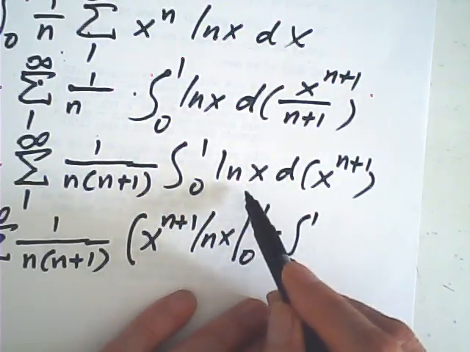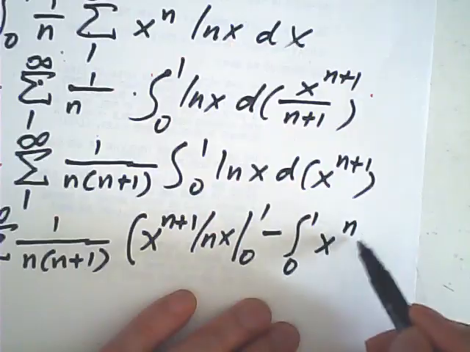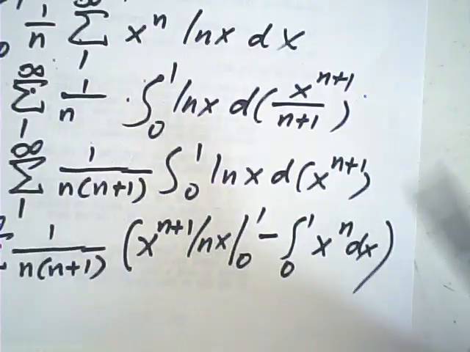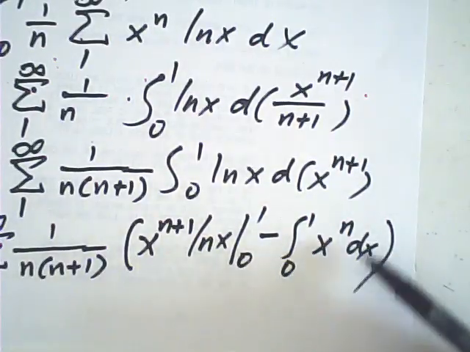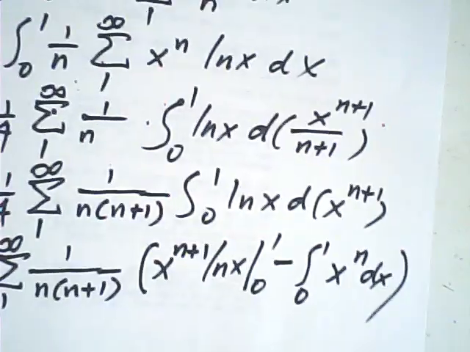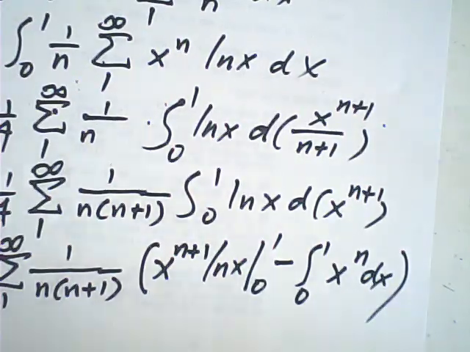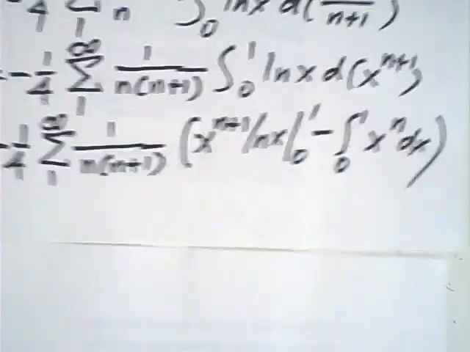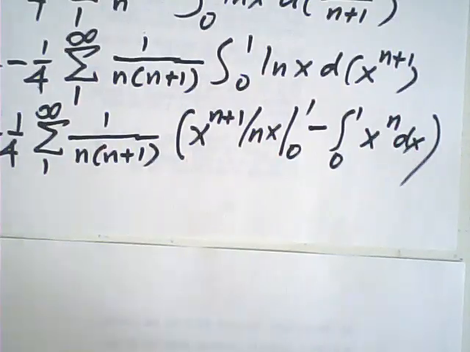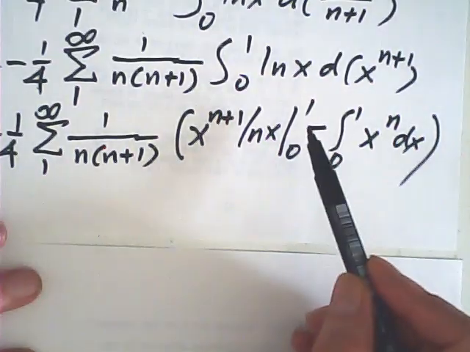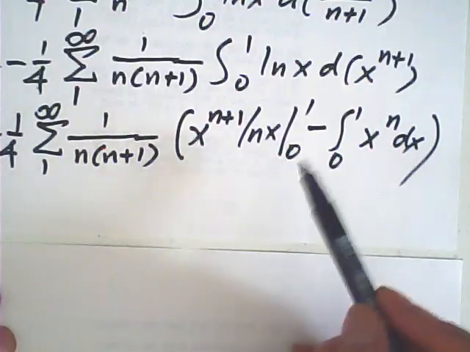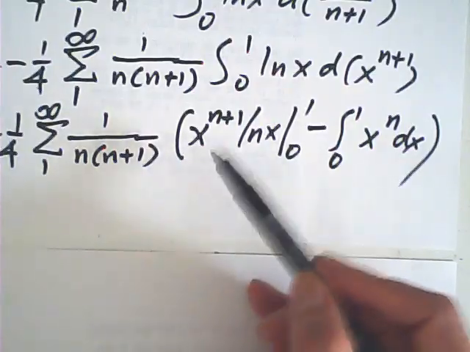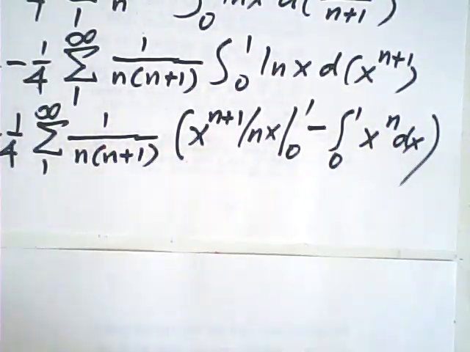This derivative is 1 over x, so it becomes x to the n. Right? This one times this derivative becomes this, and continue from here. It is obvious that when x equals 1 it is 0, and when x approaches 0, we can use L'Hopital's rule. Let me skip L'Hopital's rule. This is equal to 0.